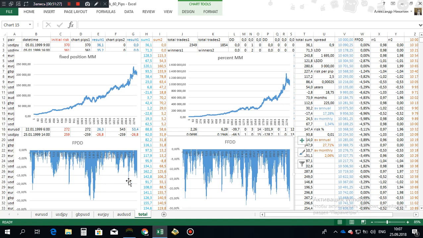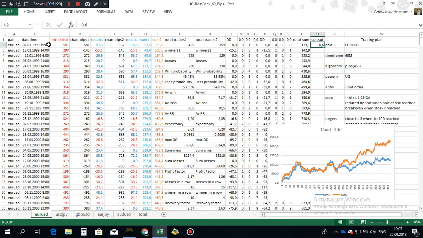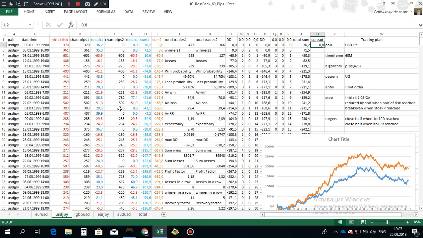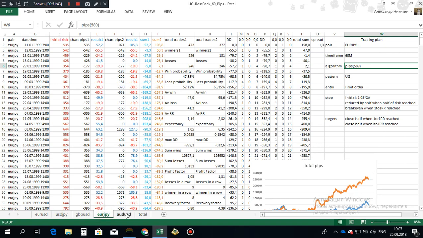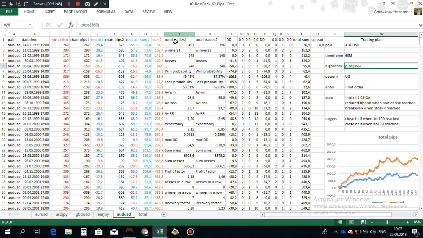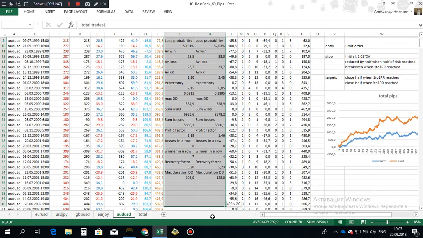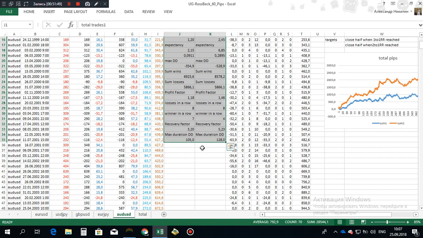Of course, you can use this Excel spreadsheet simply changing the time, risk, and chart pipsage, and insert your own. You can use it as a journal for your backtesting, as a journal for your real-time trading, and this statistical block will give you all the numbers that you need.